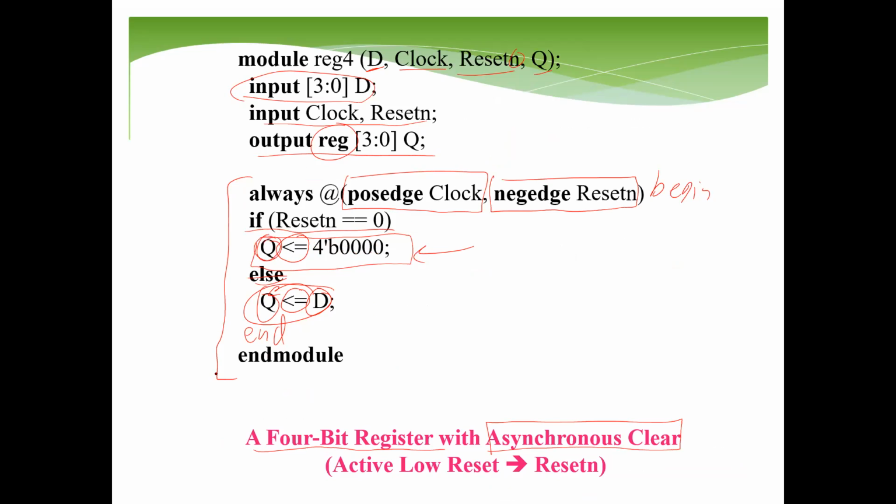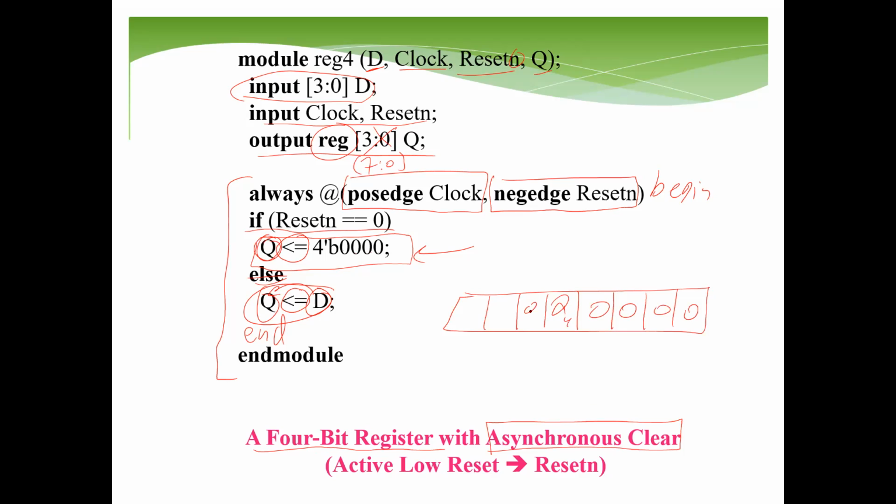If q is declared, let's say, from 7 to 0, that means q is 8-bit. What this statement will do is that it will only clear the lowest bits of q. So if q is 8-bit, 1, 2, 3, 4, 5, 6, 7, and 8, this statement will set zeros here. These will be kept the same.